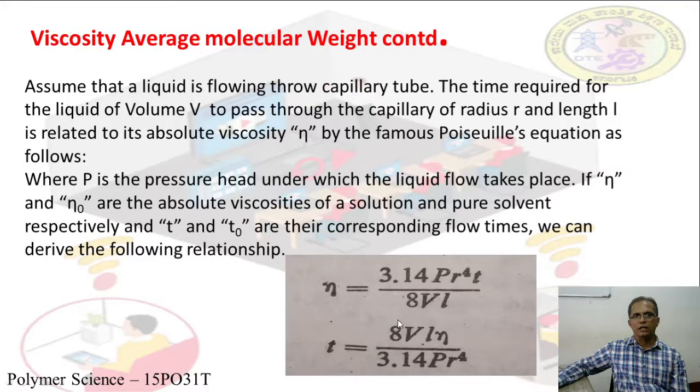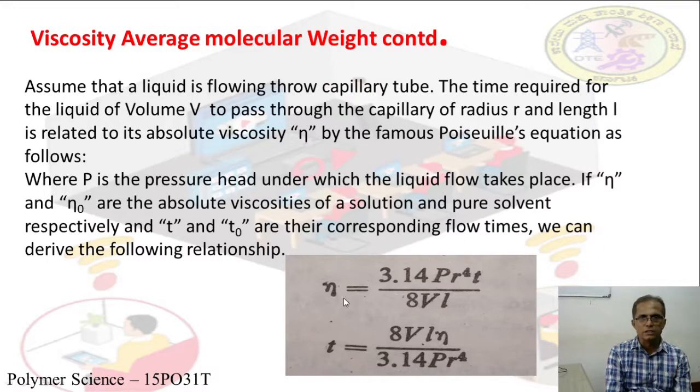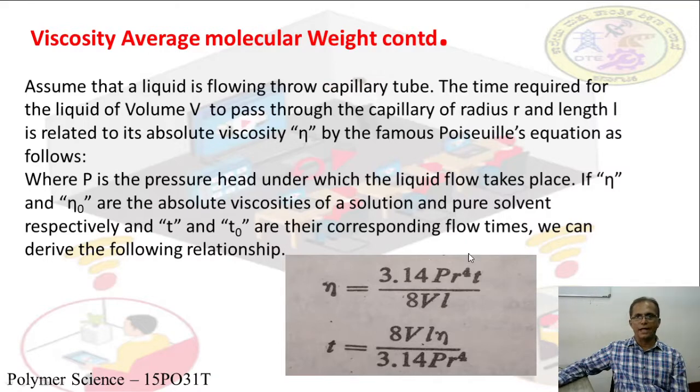Eta naught is the viscosity of pure solvent. Eta and eta naught are the viscosity of solution and pure solvent, and T and T naught are their corresponding flow times. This Poiseuille's equation we can rewrite as T is equal to 8VL eta divided by 3.14 P r to the power of 4.